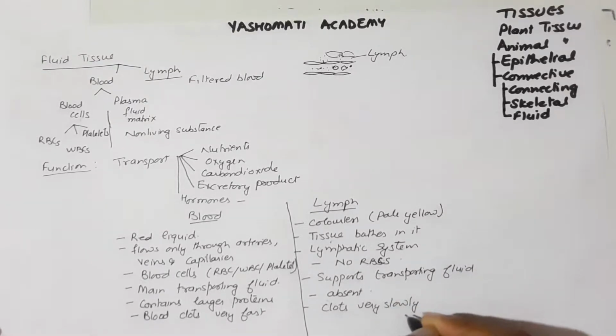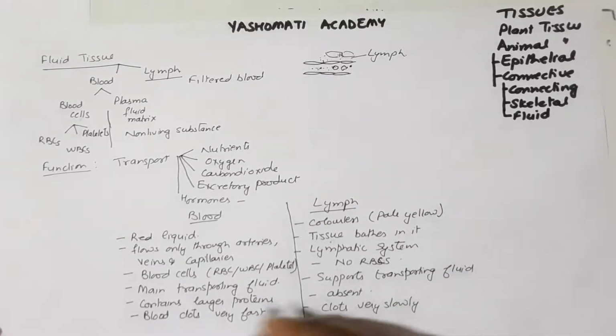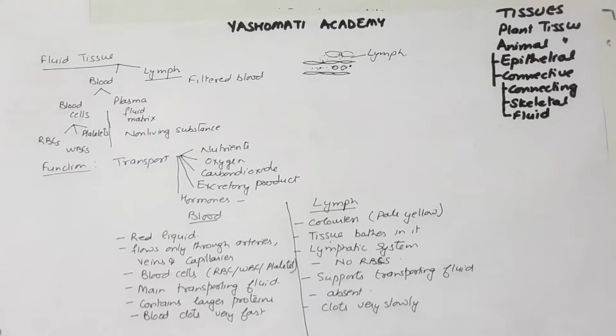So it does clot because of fibrinogen, because fibrinogen is present in blood as well as in lymph, but the clotting rate is very low in case of lymph. So this is how we can see that there are certain differences in blood and lymph.